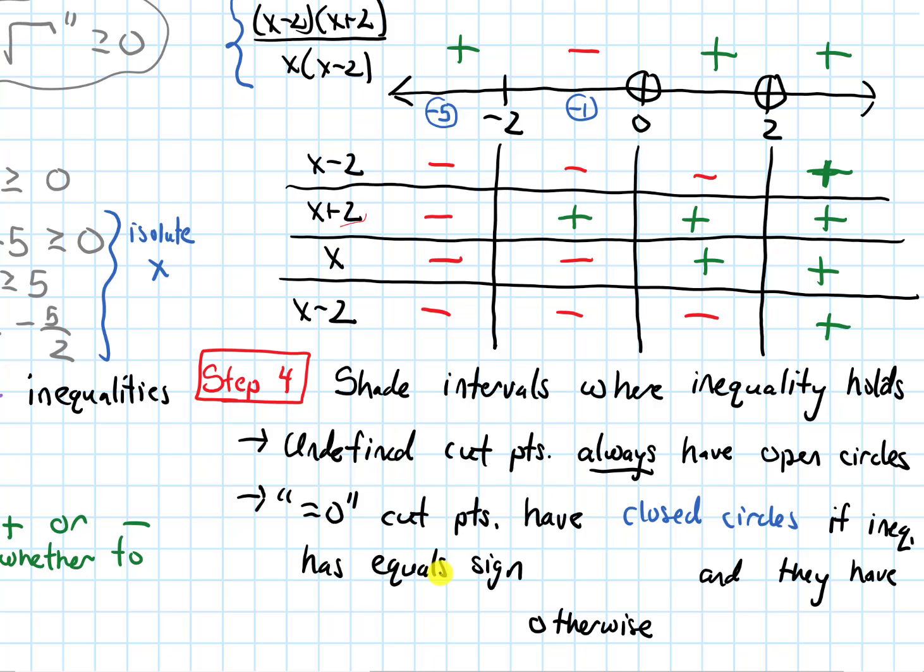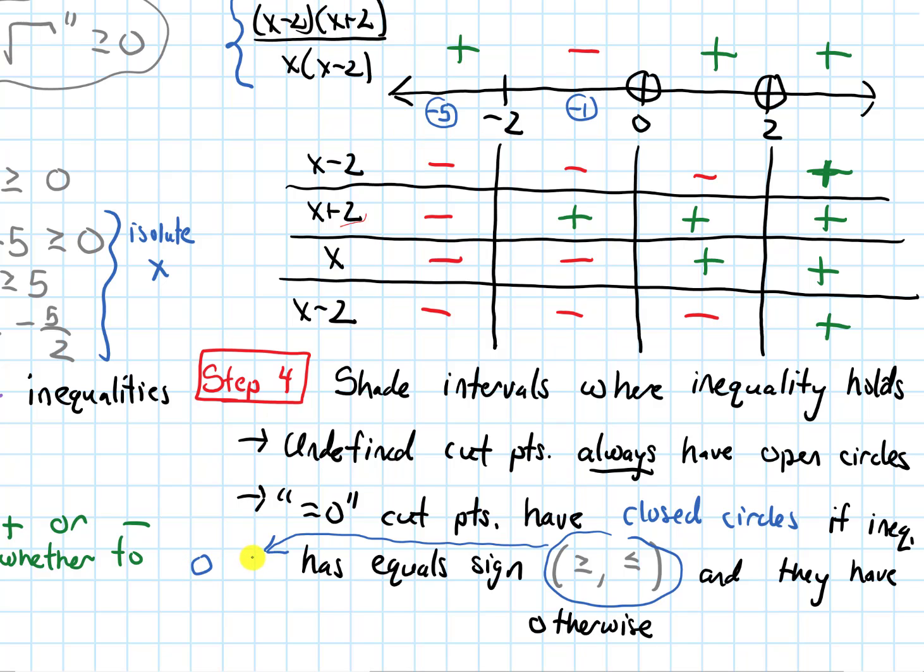if the inequality has equal signs. So what I mean by that is if it's either greater than or equal to or less than or equal to. It needs those equal signs. So the reason why that is, if it has an equal sign and I plug in one of these numbers like -2, remember that plugging that in was making my expression 0.